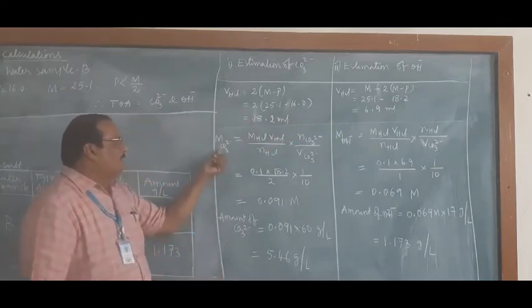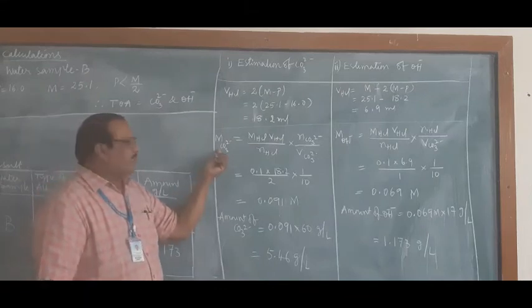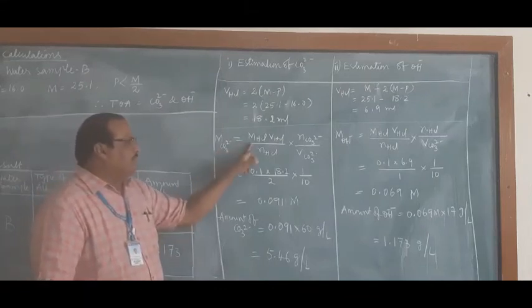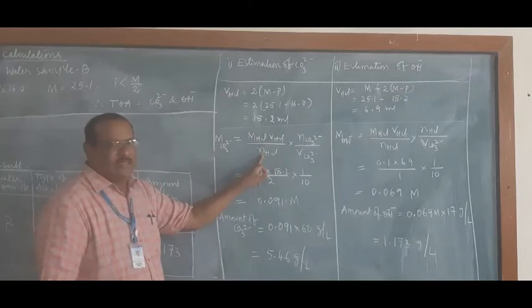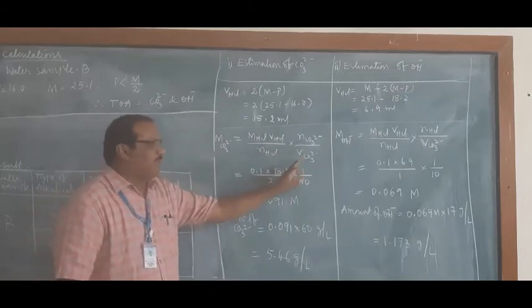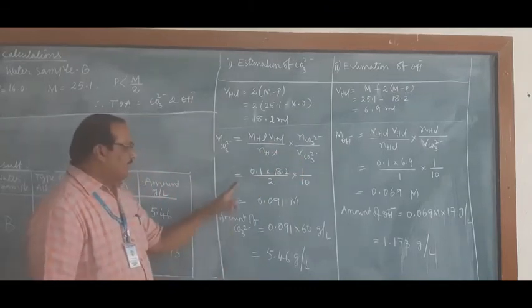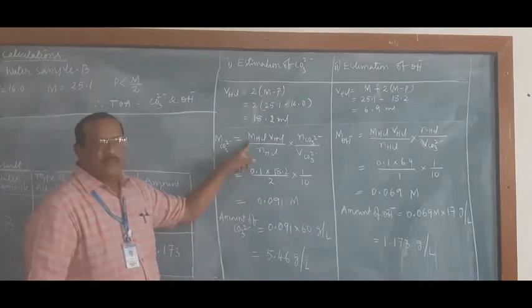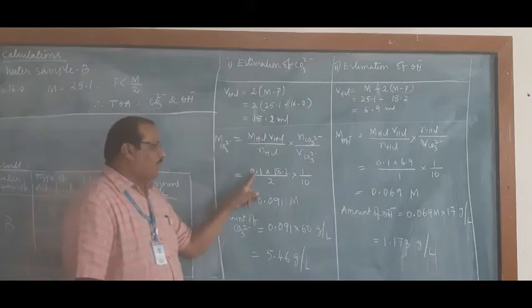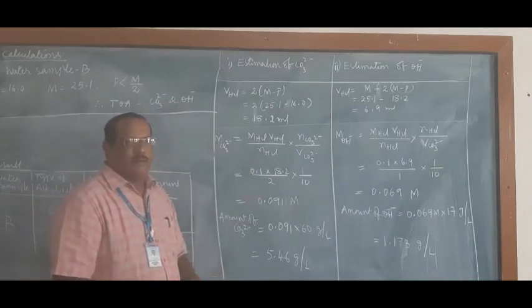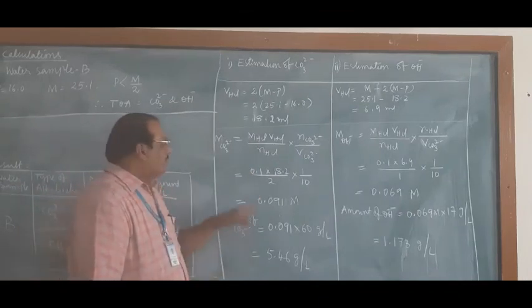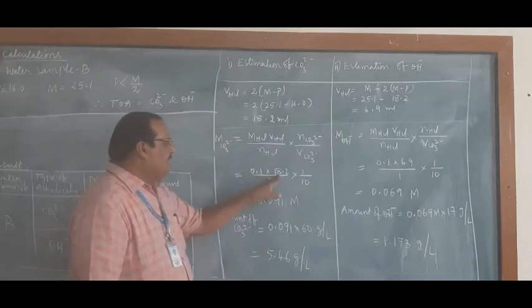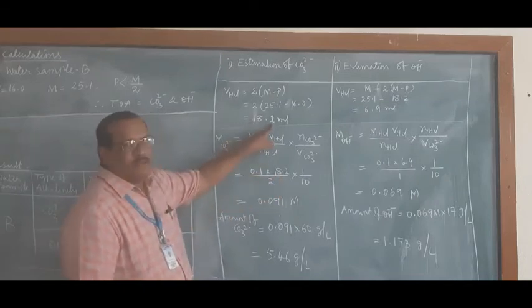Then molarity of carbonate is equal to molarity of HCl, volume of HCl by N HCl, into N carbonate by V carbonate. Molarity of HCl is 0.1. This is given to you, or we have to standardize that. 0.1 and 18.2 is the volume of HCl to be used.